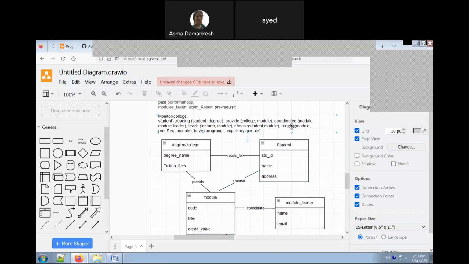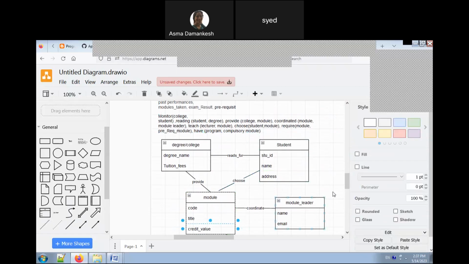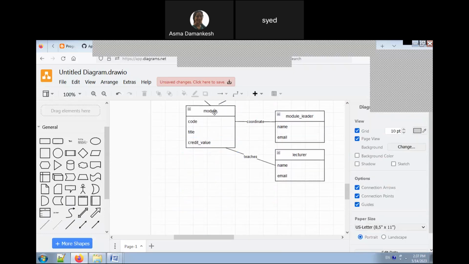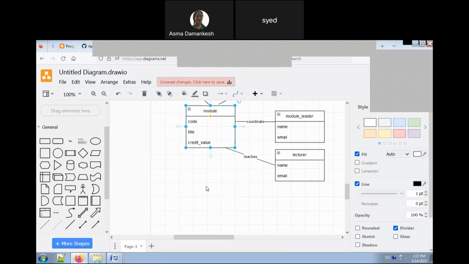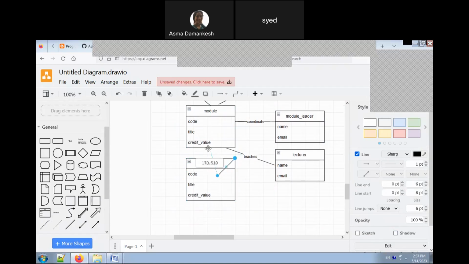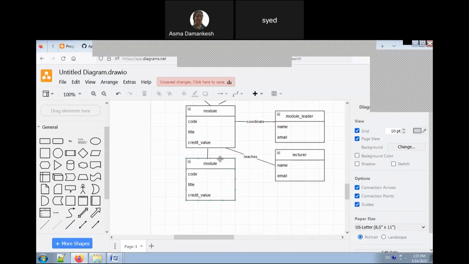A module requires a prerequisite module. What is the prerequisite module? It's another module, no? So one way to show a recursive relation is basically that there is a relation between one entity and itself, right? So this module is prerequisite.